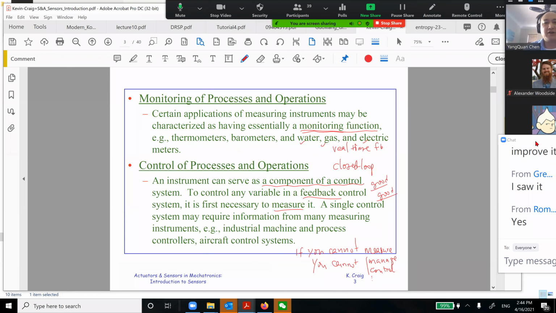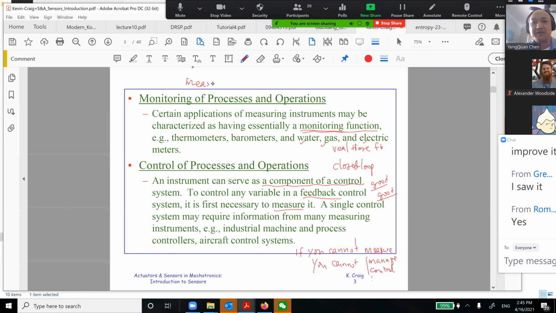So I think I already said everything: monitoring, control, and so on. There are a lot of things you can monitor, like temperature, pressure, flow, voltage, current, flux, many physical quantities. For this, you do the measurement.